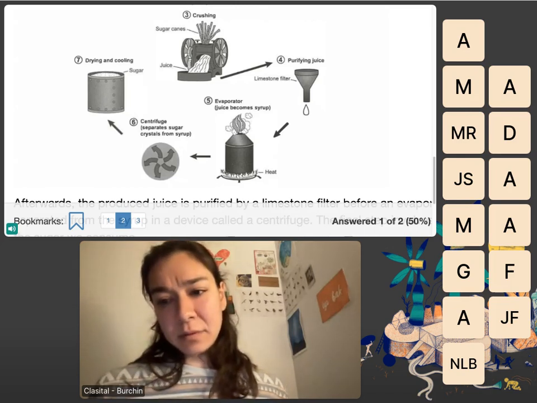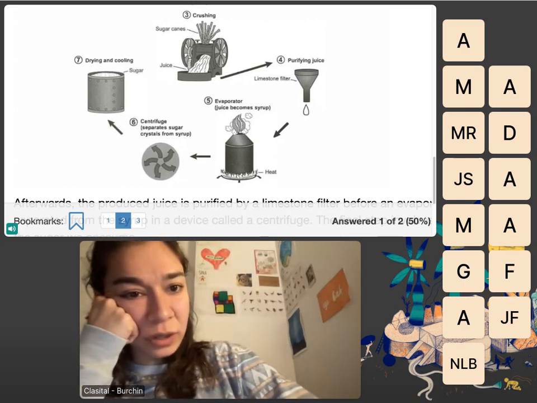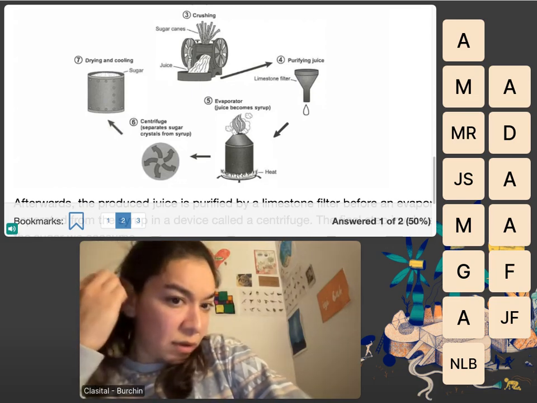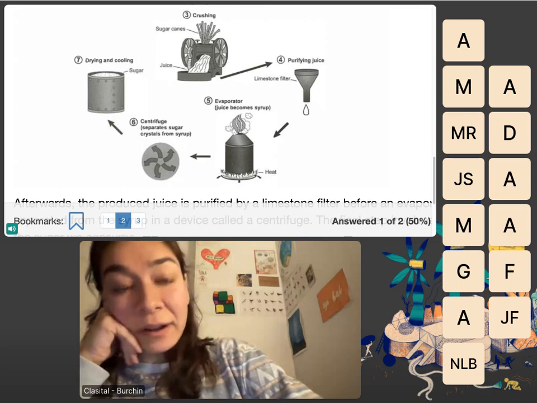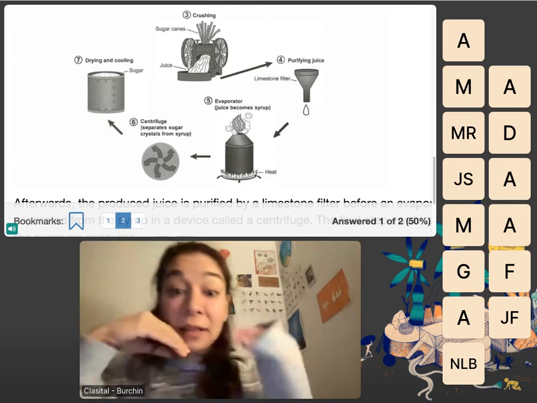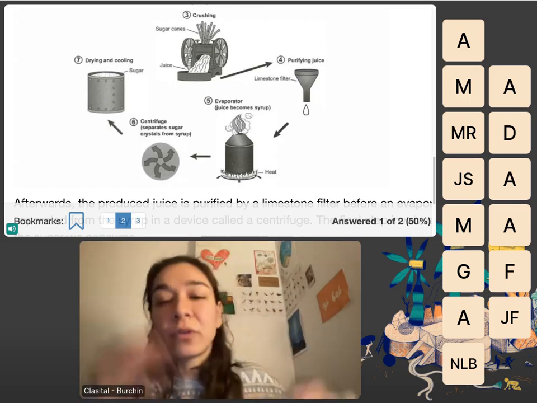In the last step, concluded by drying and cooling of. In the last step, the sugar crystals are dried and cooled, are left to drying and cooling, and then it produces sugar.